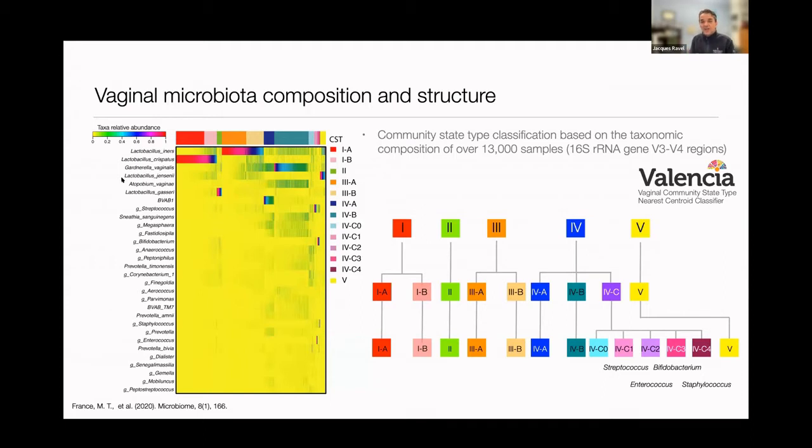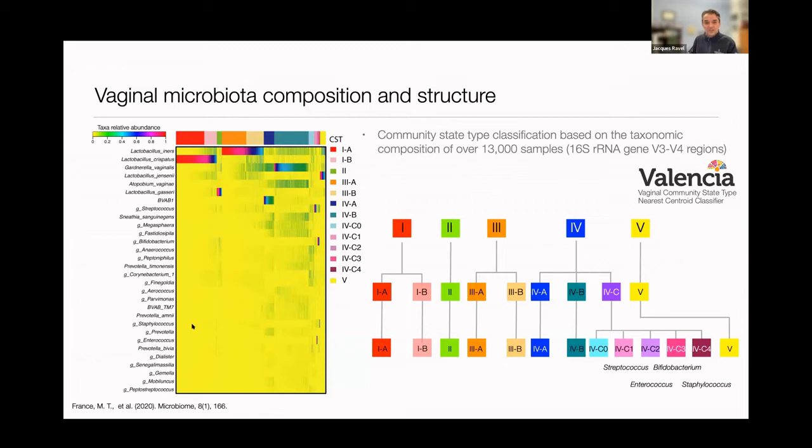And there's community state type 4, which lacks Lactobacillus and comprises different conformations of a wide array of strict and facultative anaerobes. Now this has been expanded and refined in terms of categorization.